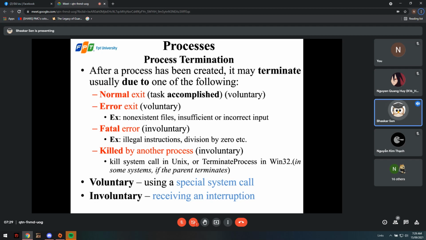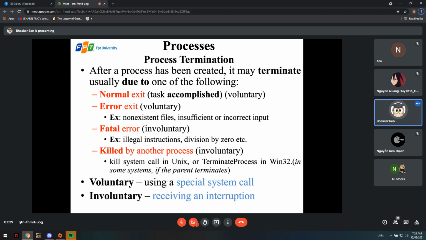We also have involuntary exits. And with involuntary exits, the name itself tells you what happens. There must be an error, a fatal error. It could be a programmatic error, it could be a hardware-related error, that has not yet been captured by anything.